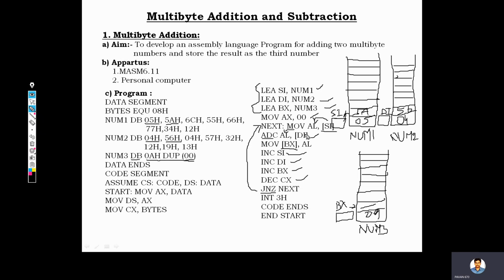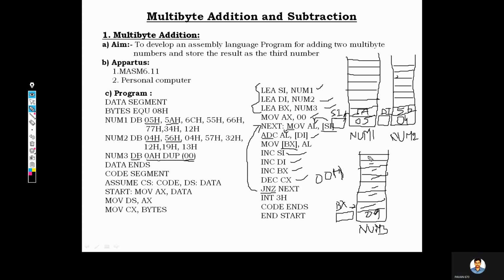This iteration will be continued till the counter register is 00H. By the time the counter register gets 00, all the values in the arrays num1 and num2 will get added, and their values will be correspondingly stored inside the num3 location.